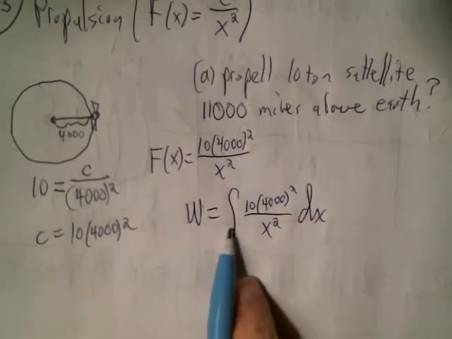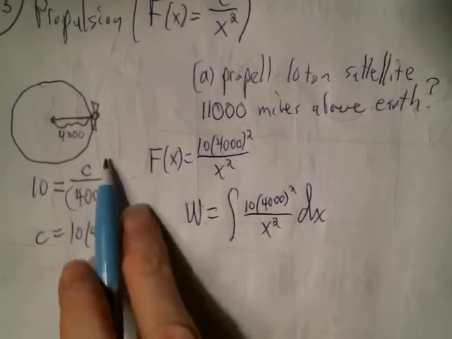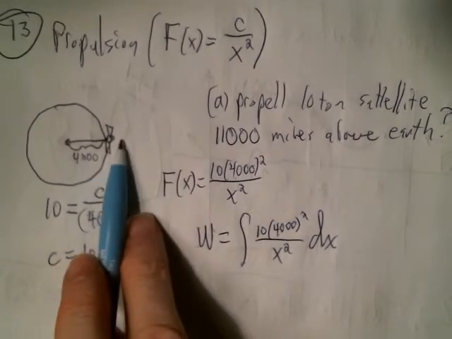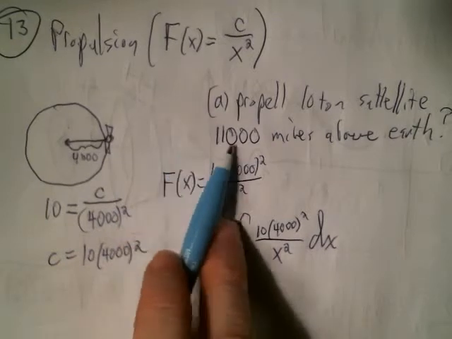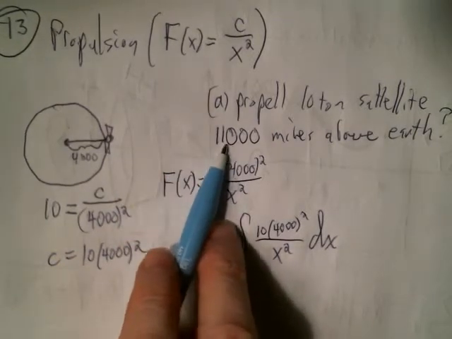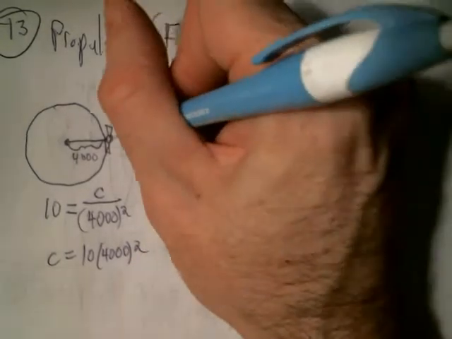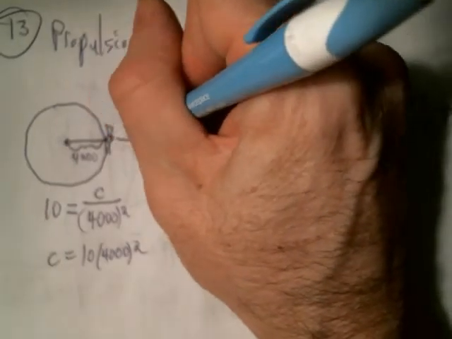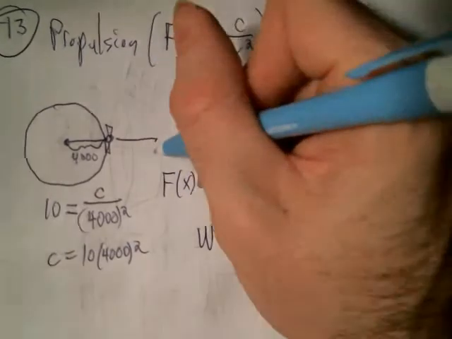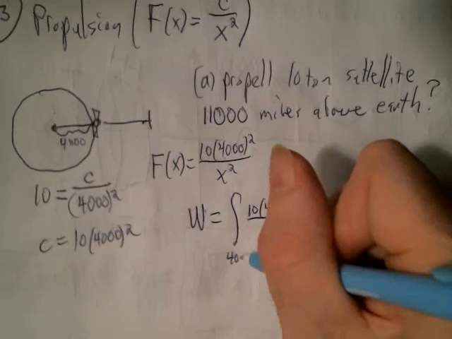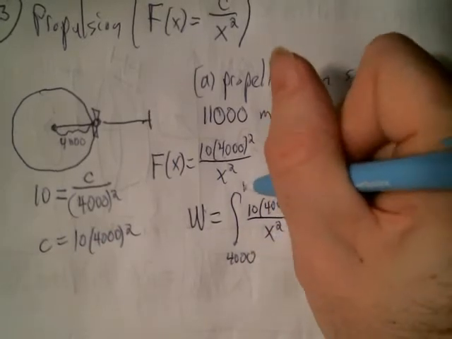Maybe the only problem is just figuring out the bounds of the integral, and you got to be a little careful. We're actually starting at 4,000, and then we're traveling to 11,000 miles above the Earth, which will be 15,000 miles. Right, so we want to travel an additional 11,000 to here. So in other words, on our integral, we're going from 4,000 to 15,000.